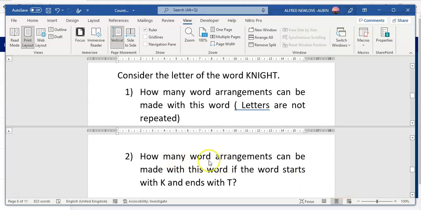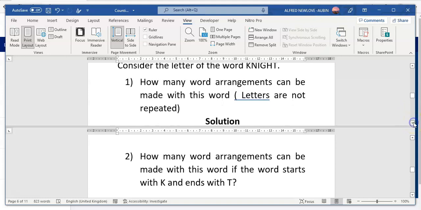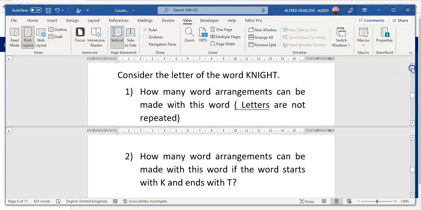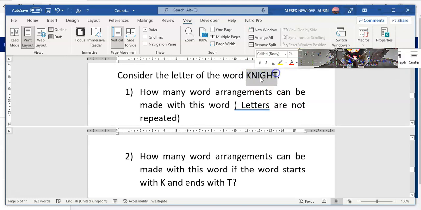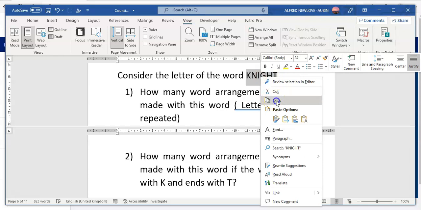Okay, how many word arrangements can be made with this word if the word starts with K and ends with T? Let me get the question at the top. Which word are we talking about? Night. Let me copy and put it below so that I use it to explain.